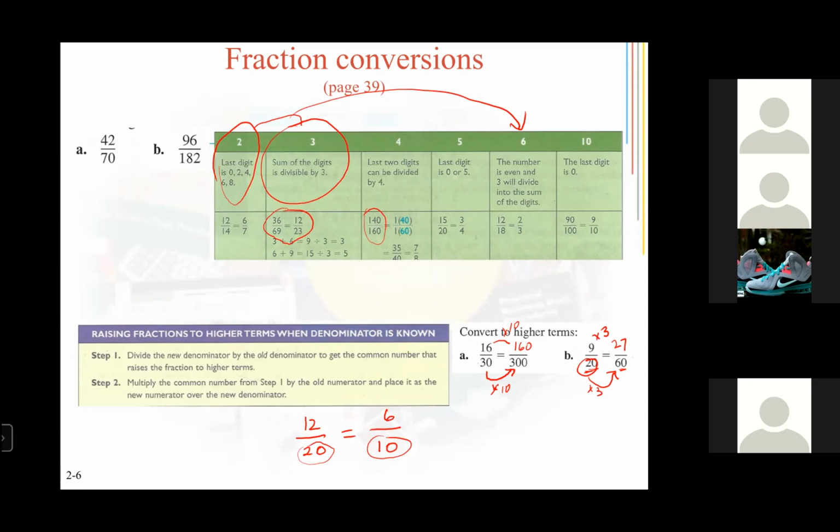Okay, give me another one like that. Okay. So let's say we give you 5 over 12 equals to something over 72.